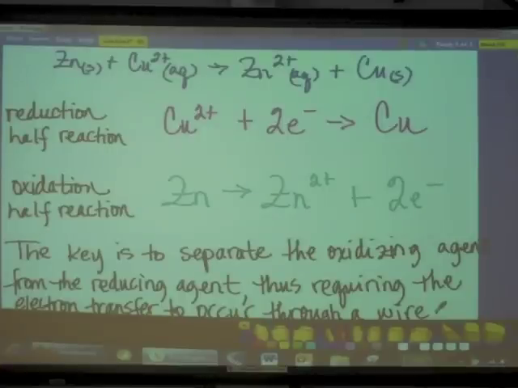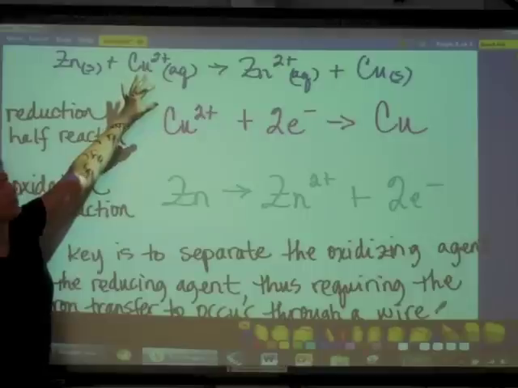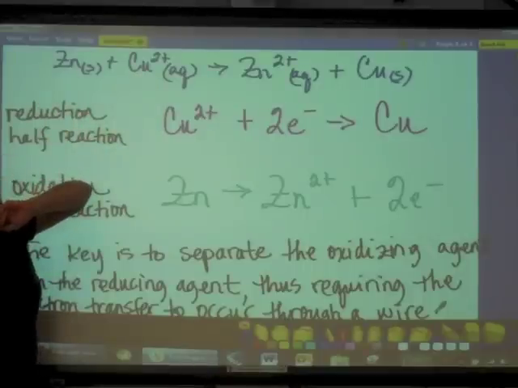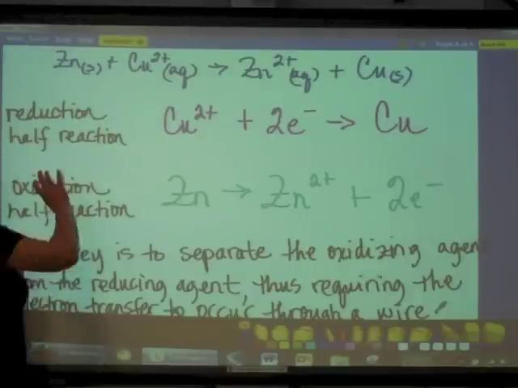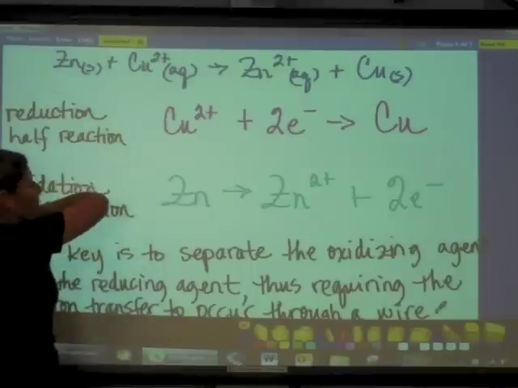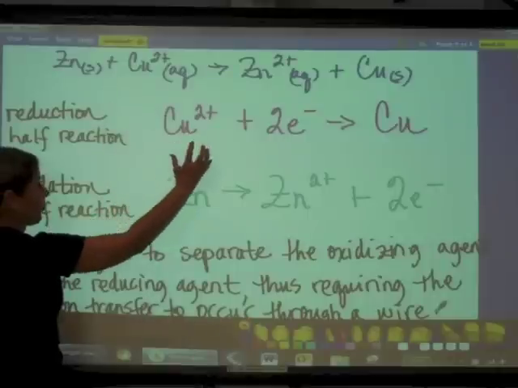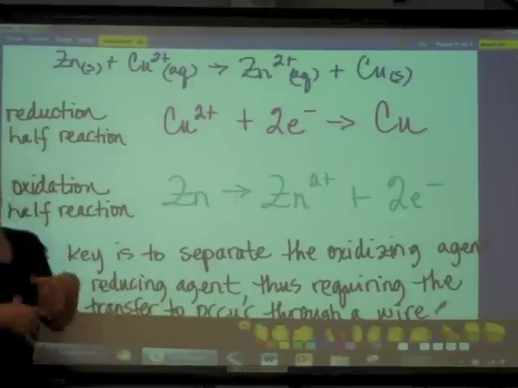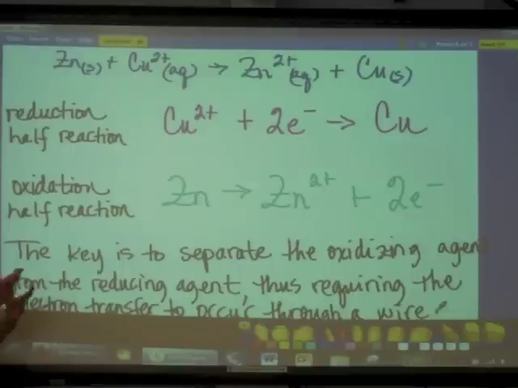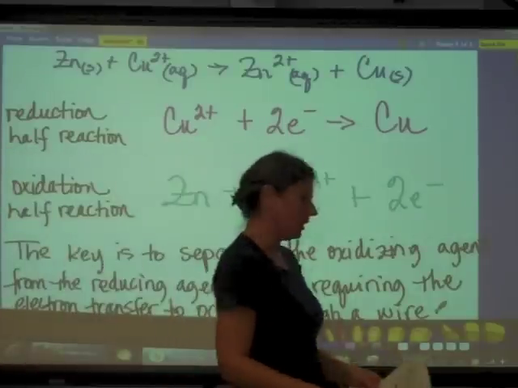If we can separate the copper 2 from the zinc, and we can get that copper to pull the electrons from the zinc over a wire, then we can get those electrons traveling through the wire to do work for us. And that's what a galvanic cell does. That's what a battery does. So let's draw a picture.